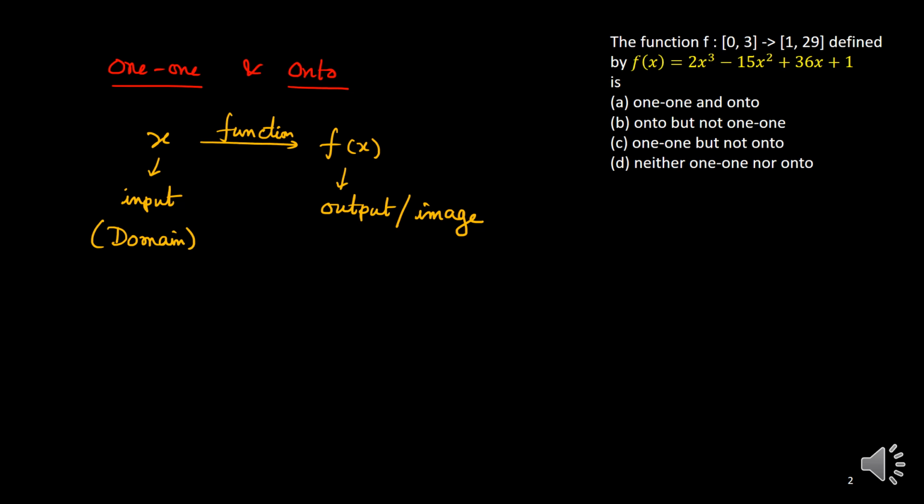In the above case, you can notice that f is written this way: [0, 3] mapped to [1, 29]. Both the square brackets are used, meaning the endpoints are included. So this interval in the input is the domain, and this one, the image span, I'll call the codomain.